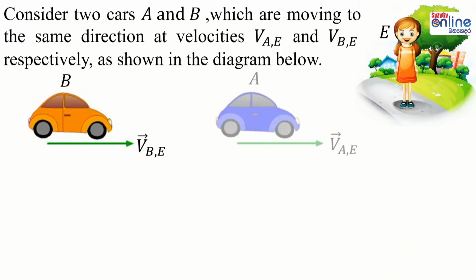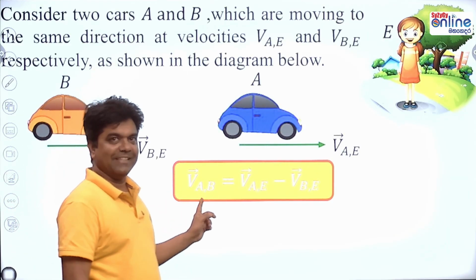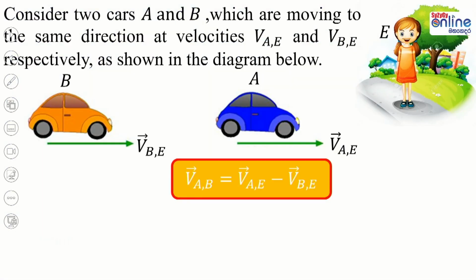So what if it is VA and VB? You subtract, like 60 minus 50. You subtracted 50 from 60, and we can do the same thing here. We can subtract VB from VA.